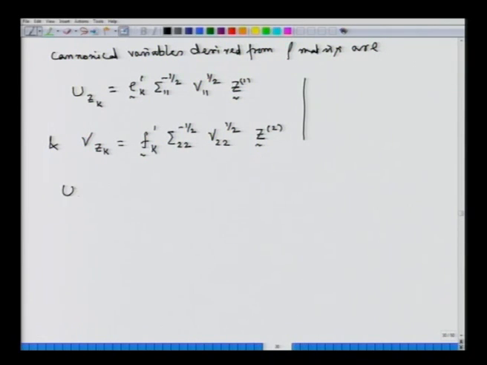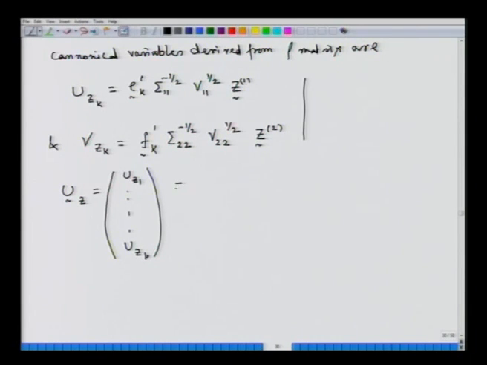If we write this U_z vector containing all these entries, so this is going to be U_z1, U_z2, up to U_zp, because the starting order there was p dimensional.